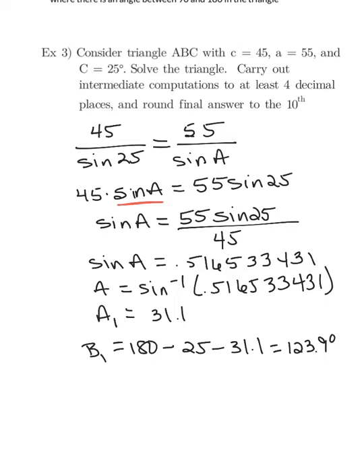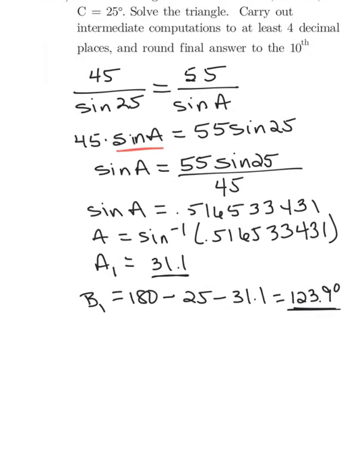So now we just found A and B for our angles, so we do know all three angles. We were already given two sides, so what we don't know as yet is side B.